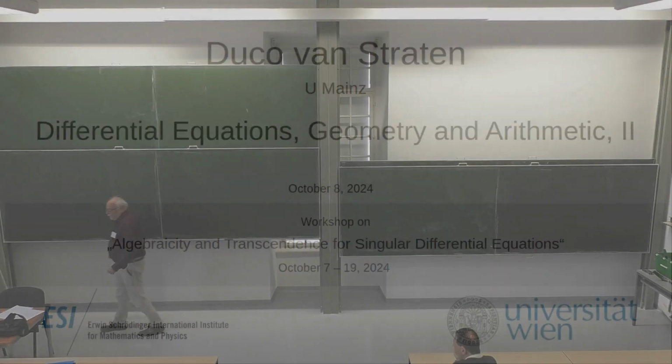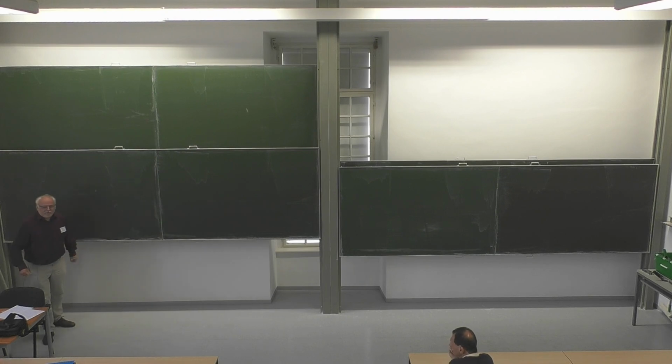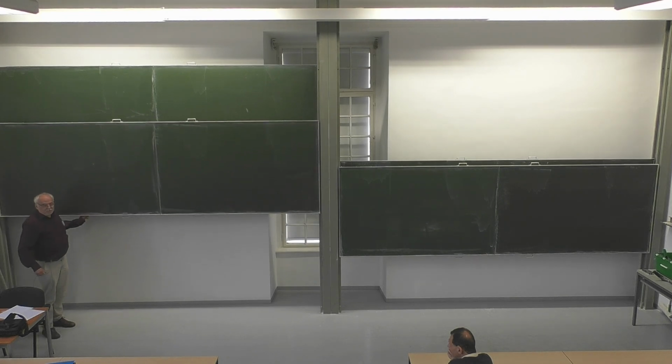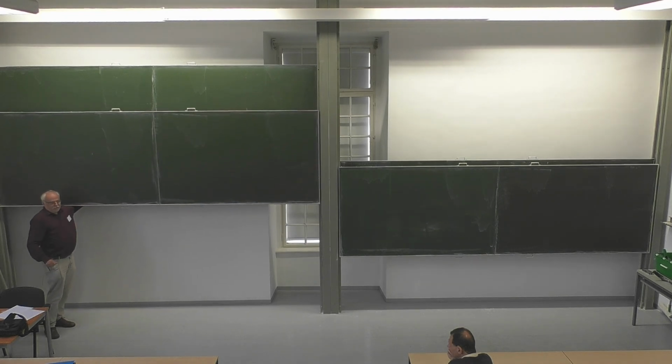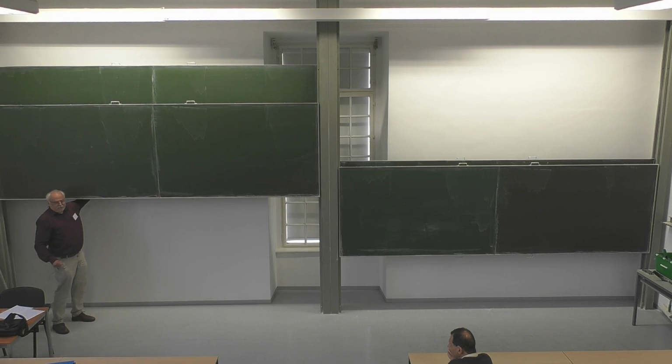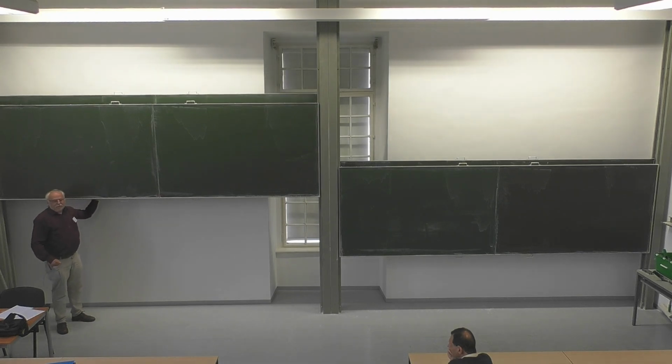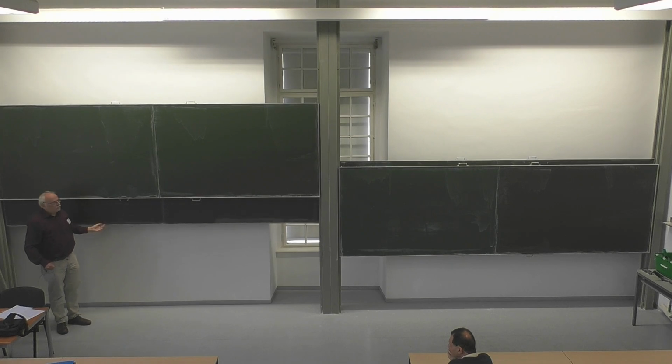Yeah, so it was differential equations, geometry, and arithmetic. I guess today will be a little bit more geometry coming into the game, and I will talk about the theorem about diagonals, in fact, but for which mixed Hodge theory is needed for its proof.